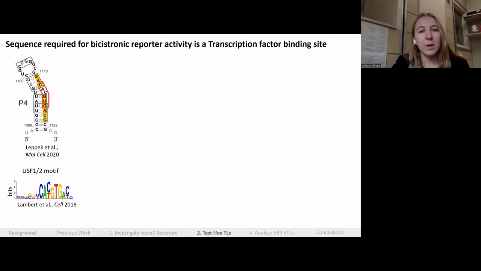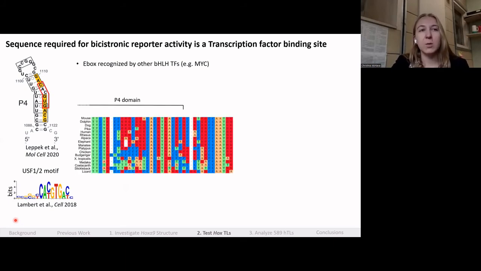And using FIMO, we found that this 3' region contains an E-box motif, CACGTG, which is recognized by USF1 and USF2 transcription factors. And this motif is also recognized by 30 other transcription factors, including MYC. So we next generated a sequence alignment of vertebrates for the P4 stem loop region of this HOXA9 transcript leader.